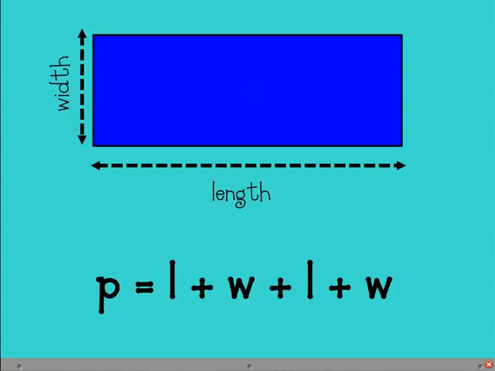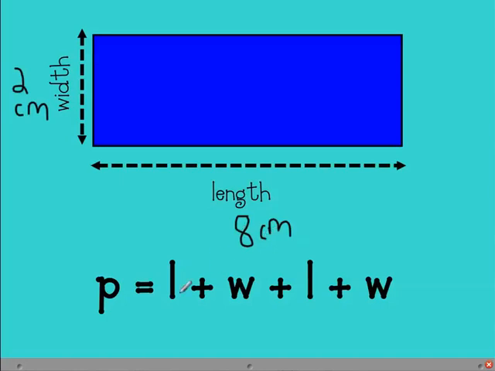So let's say that this side of my rectangle is 8 centimeters, and let's say that the width is 2 centimeters. So using my formula, perimeter equals length plus width plus length plus width, all I'm going to do, just like when we studied algebra, is replace my variables with the information that I know.